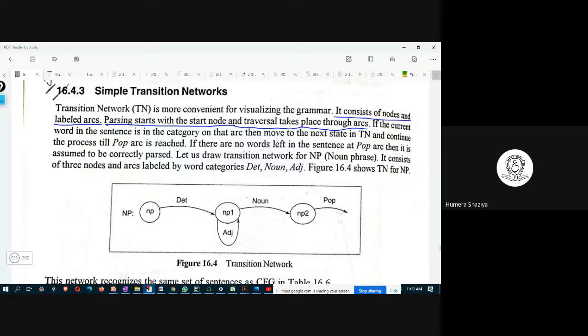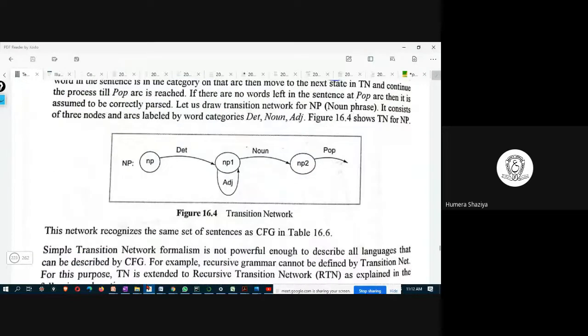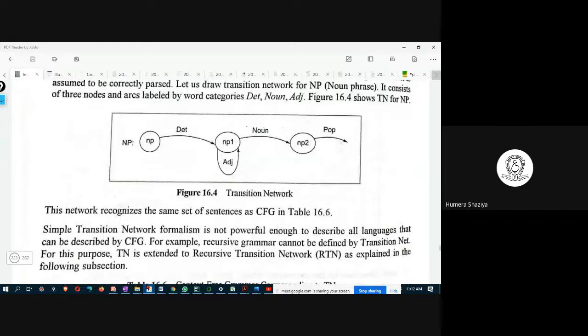Here we are developing a transition network. This is known as a transition network that would parse a sentence. And this network would parse a sentence that begins with a determiner and optional adjective. This is optional.